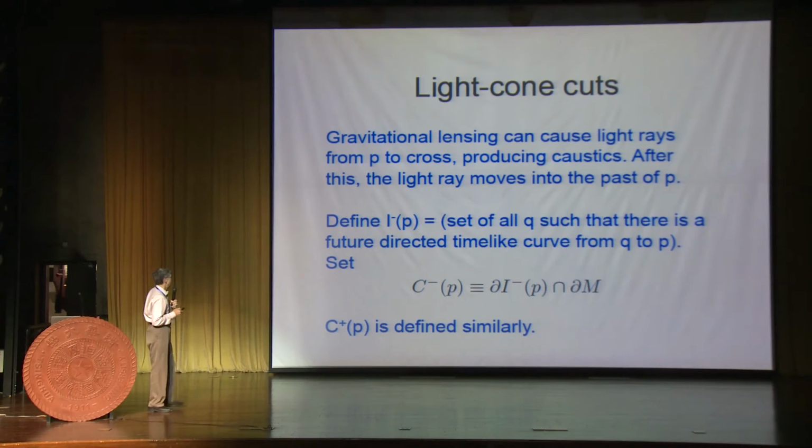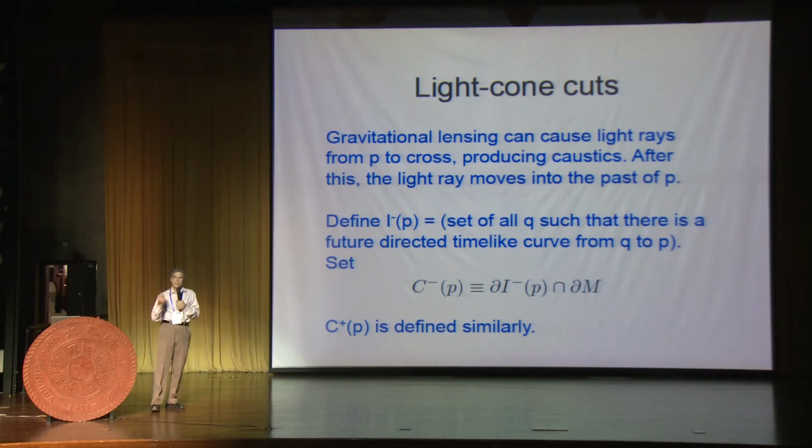So what we do instead is to define this set called the past of P. It's the set of all points Q such that there's a future-directed time-like curve from Q to P. And then the boundary of this past set is a null surface. And so we define the past cut of P to be simply the intersection of the boundary of the past of P with the boundary of the space-time. And the future cut of P can be defined similarly.